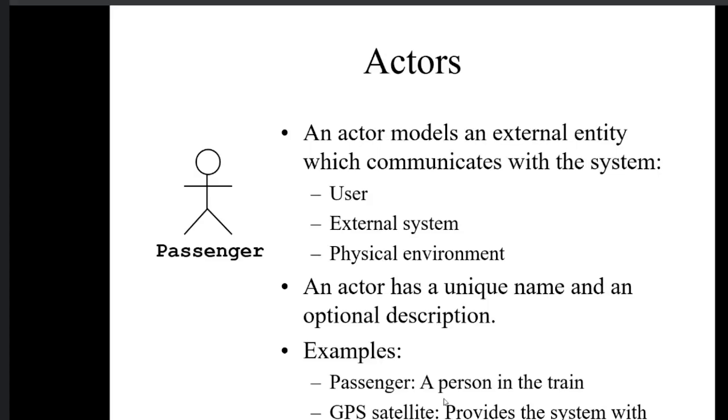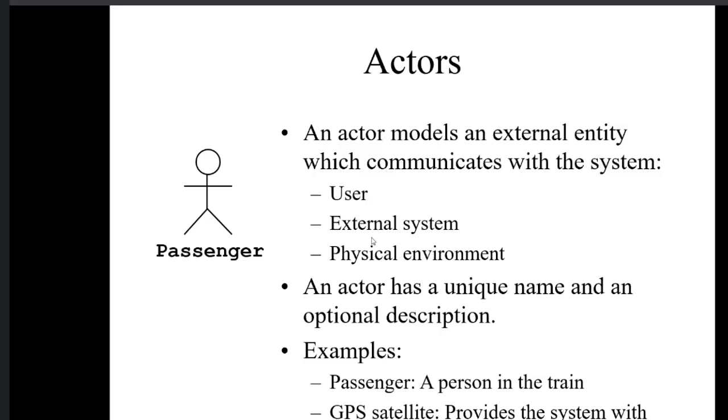So actors. Actors can be the users, external system, or physical environment. What are these? Users, you will be able to understand that they are a certain type of user which will interact with the system. Sometimes our system may be interacting with other external systems as well.